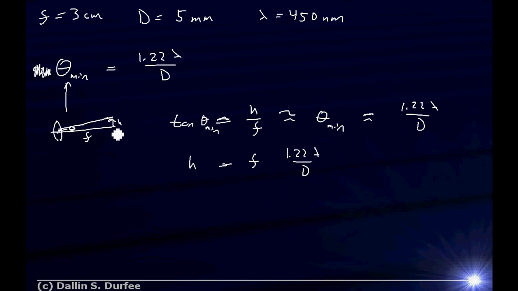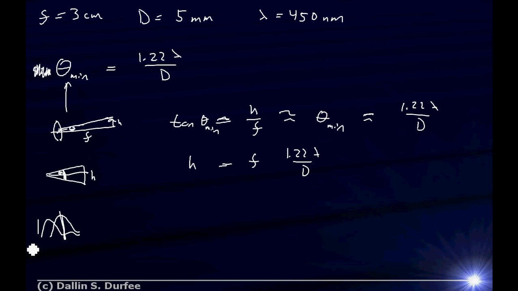Now notice, maybe you thought it makes more sense to do things sort of symmetrically and call this h, and then this angle right here, well, the angle that they give you when you're asking about resolving things is really kind of how far apart two things have to be such that the diffraction peak of one is the minimum of the other, right?